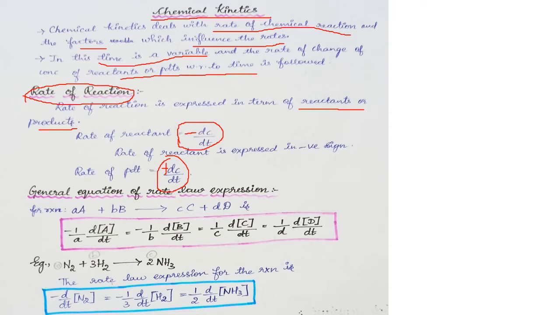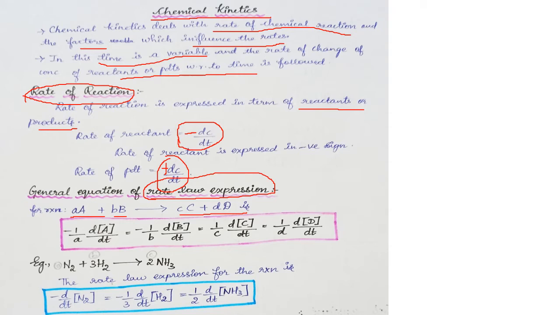Then next is the general equation of rate law expression for a reaction. This is simply a representation of a general reaction: aA plus bB gives cC plus dD. The rate is minus 1/a dA/dt is equal to minus 1/b dB/dt. These a and b are the coefficients of reactants.